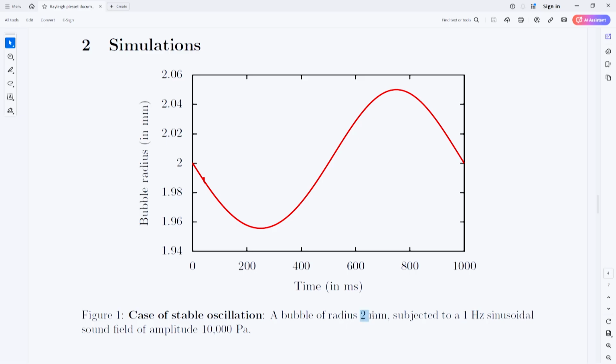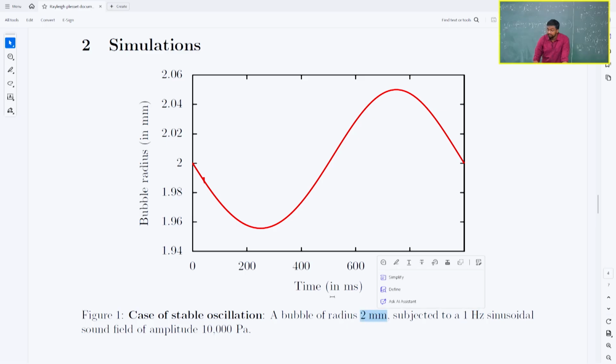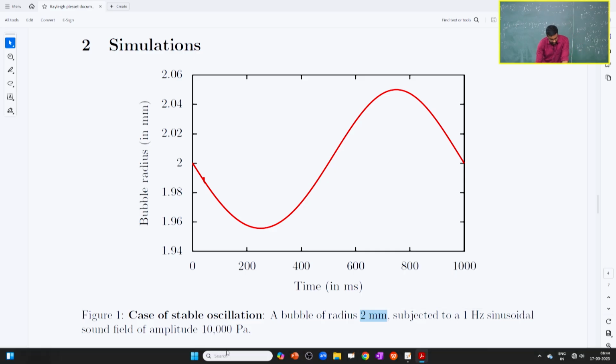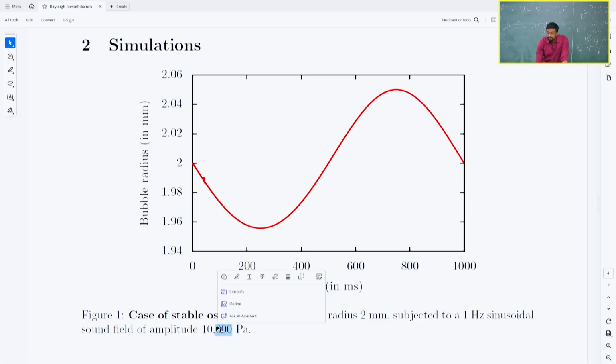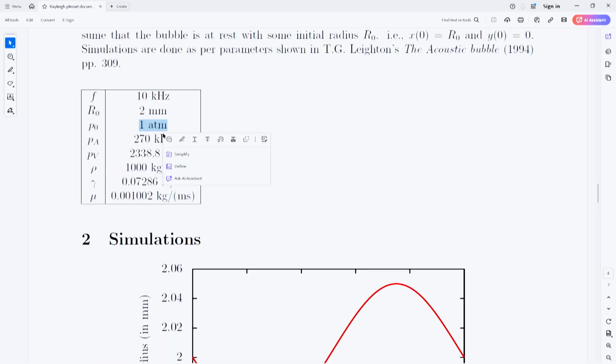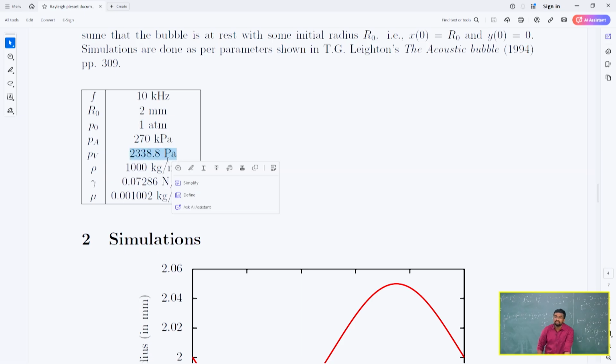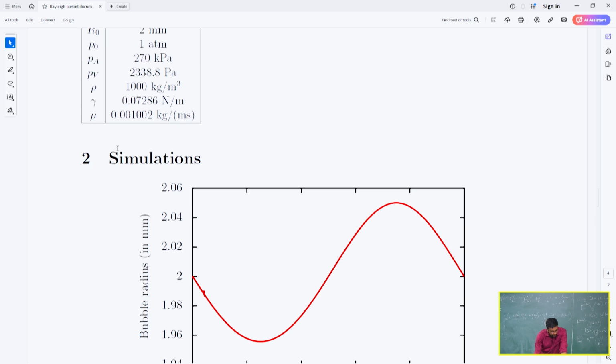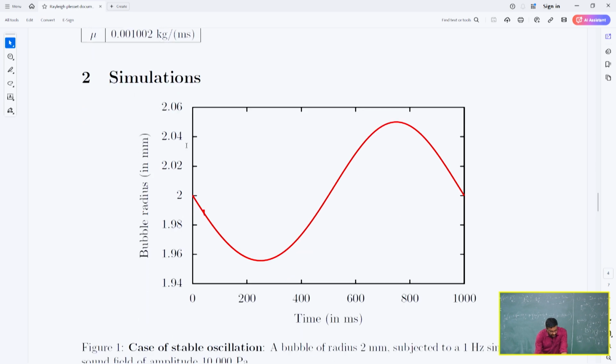And initial bubble radius is 2 mm and amplitude of pressure is small, that is 10 kilopascal. Ambient pressure, initial pressure is just atmospheric pressure. Vapor pressure, all these are taken for a gas liquid system, air water system. All other parameters are taken for an air water system.